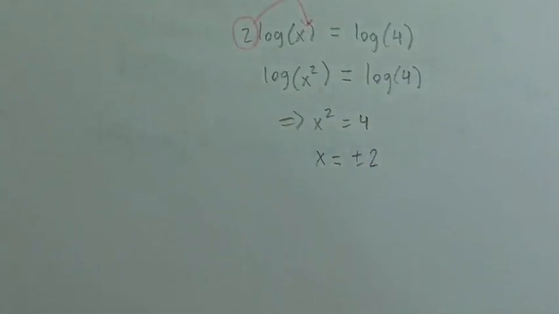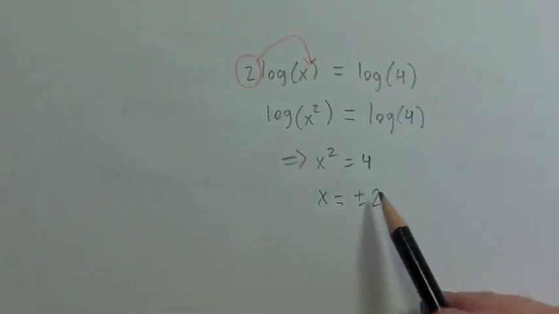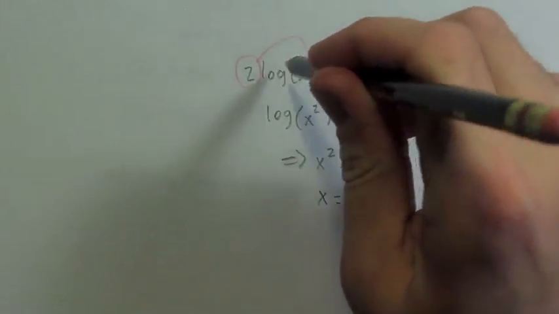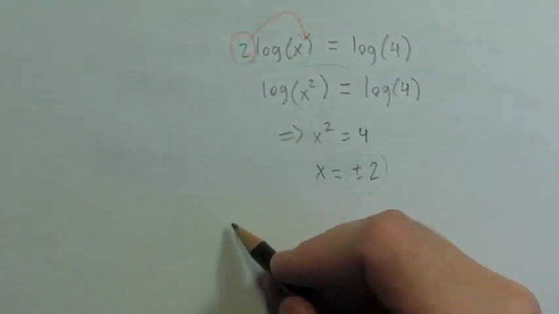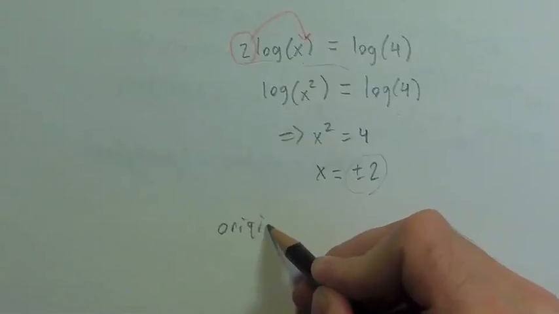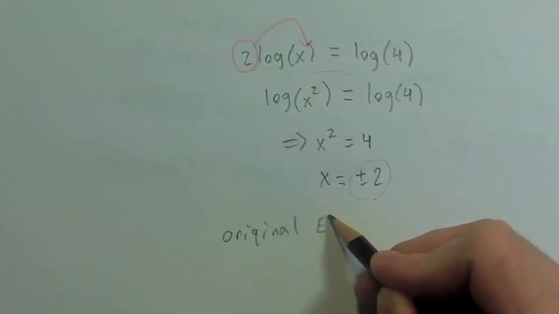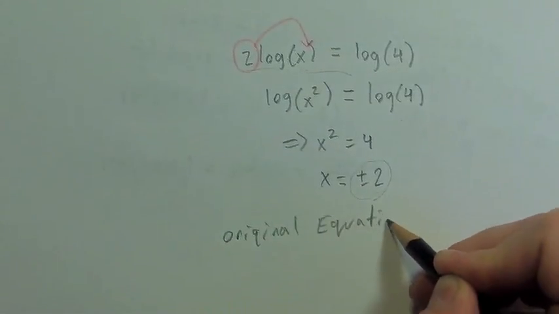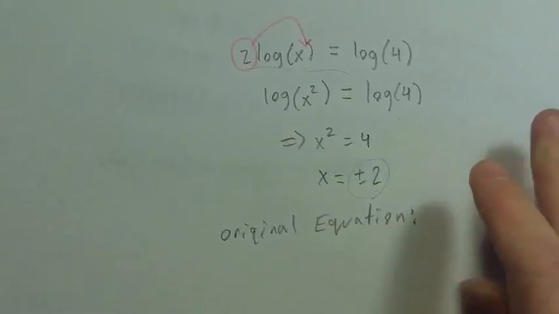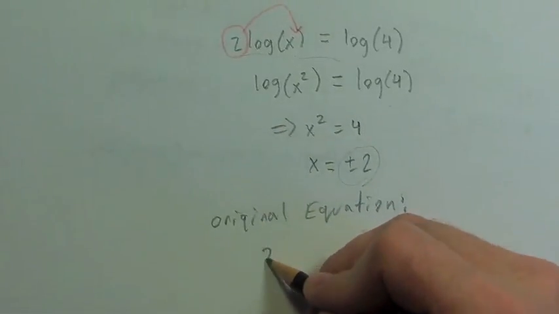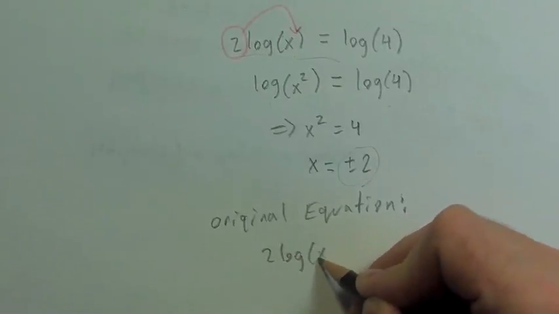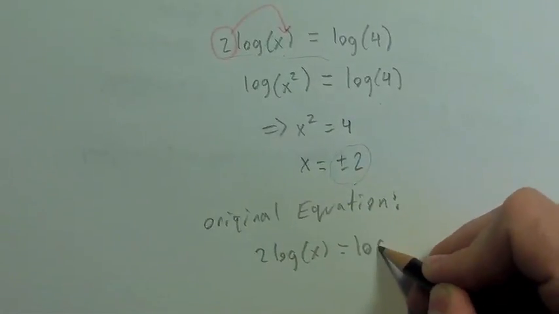Now, you've got to be careful. Very, very careful. In our original equation, we're going to check the original equation, which is 2 log x is equal to log 4.